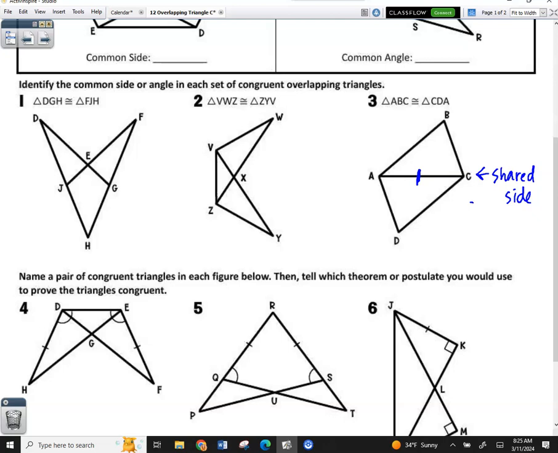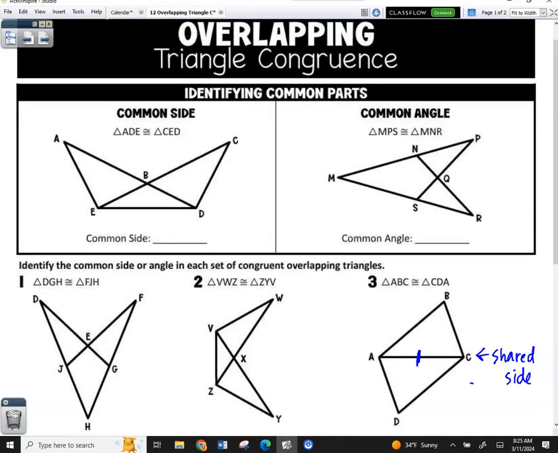If you go back to the top of your paper where it says common side, this picture looks different. So let me explain what's happened here. Basically, imagine if, as I'm holding my hands out like this, this was connected here. You see this triangle with my hands?